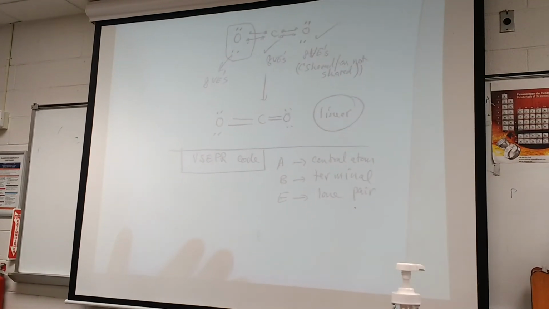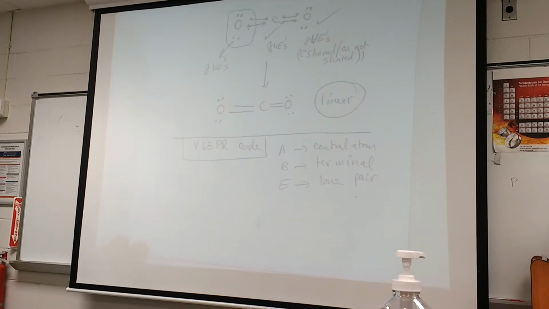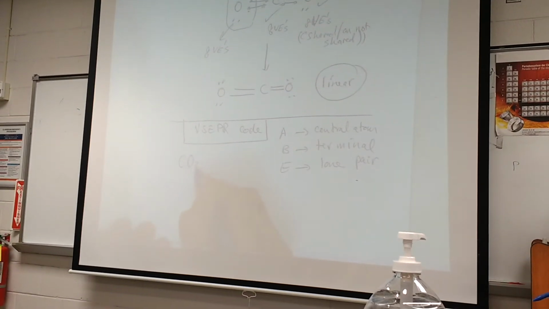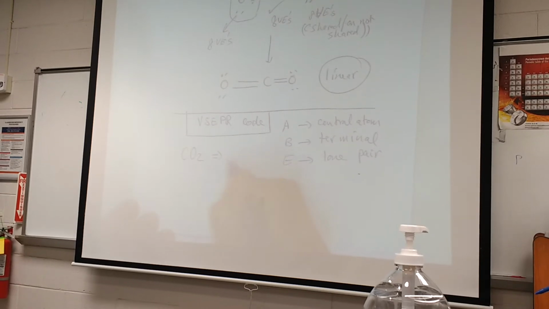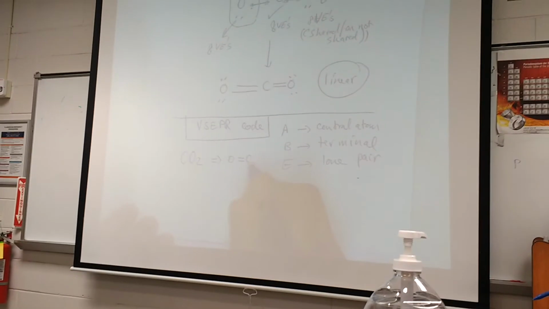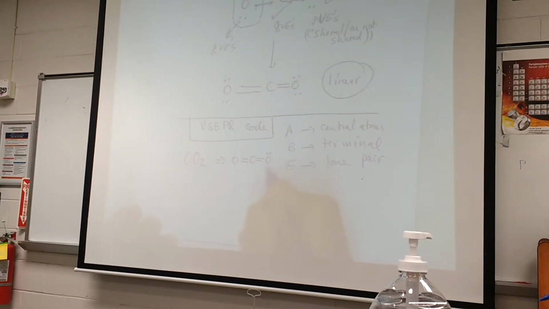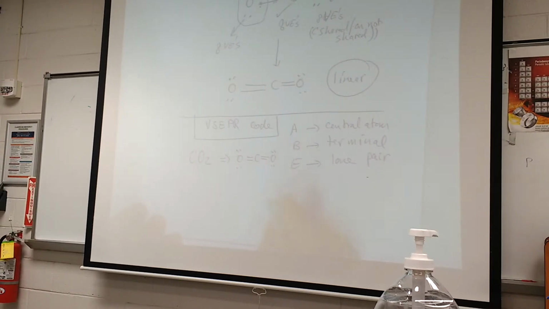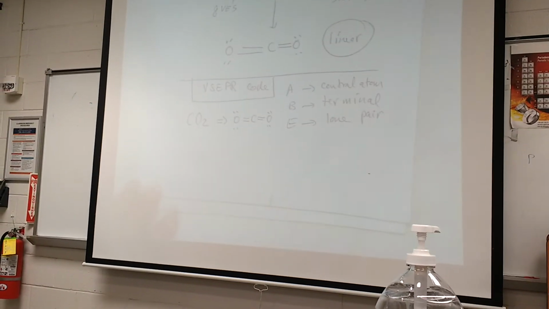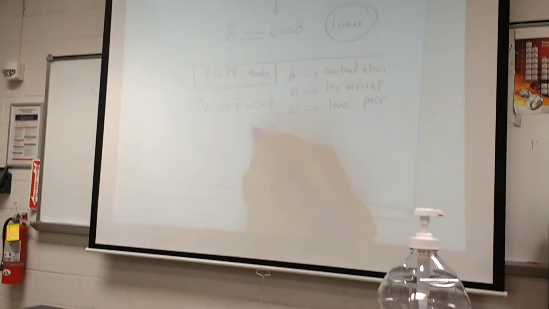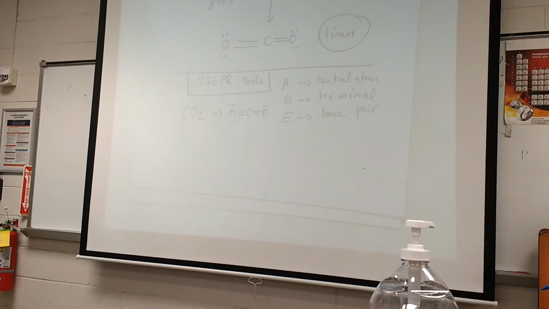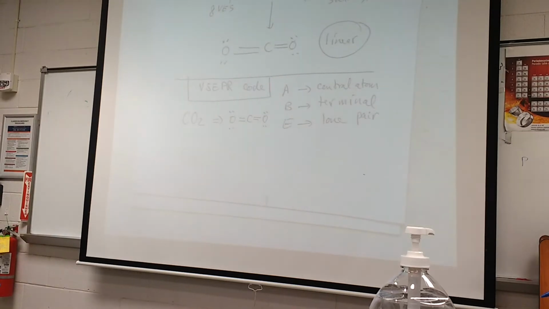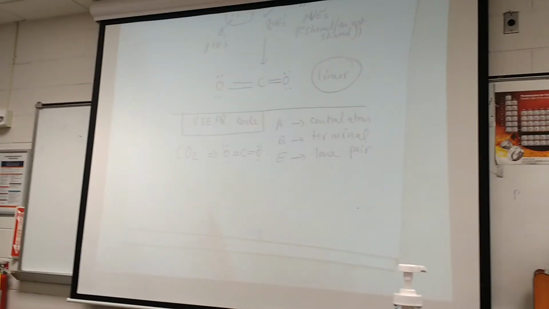Correct, guys? So if I have CO2, for example, with the structure, then I will say the central atom is A. I'm trying to get another pen. I hope the red one is working for us.